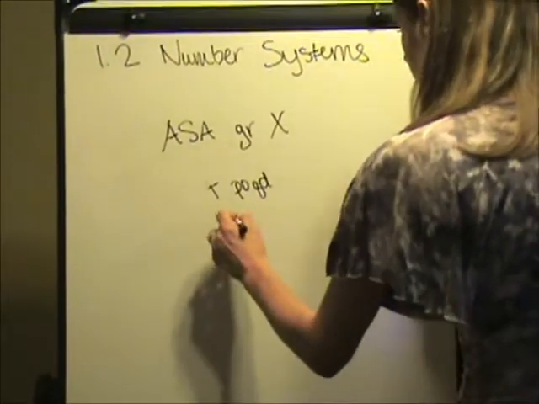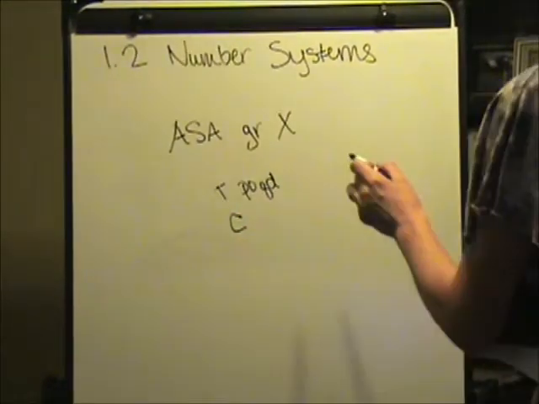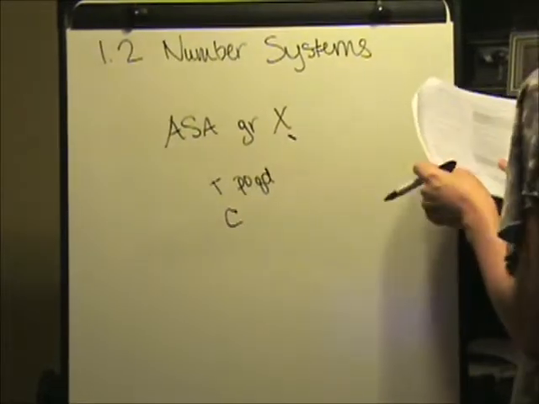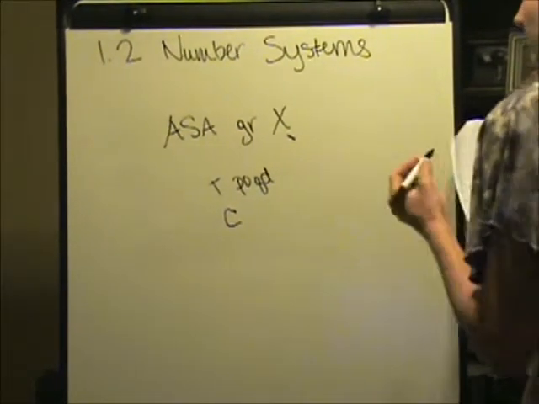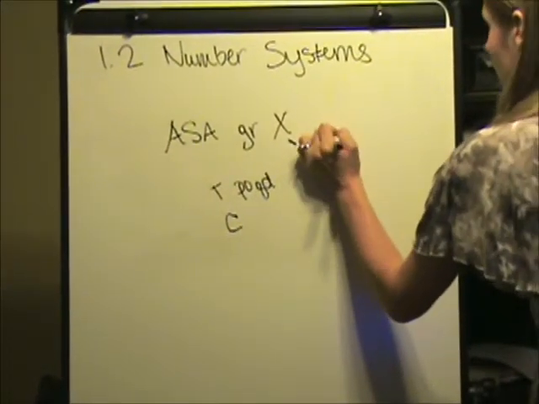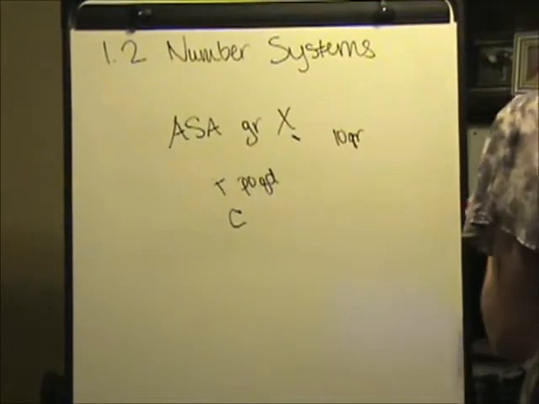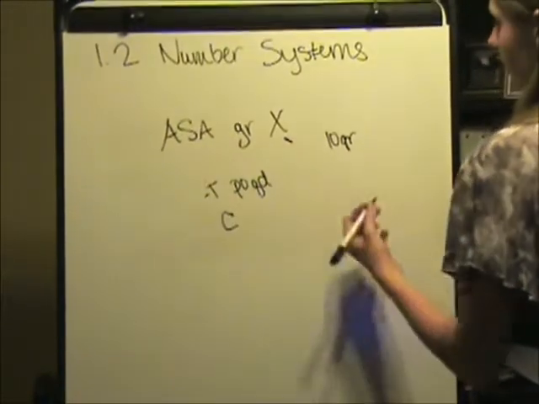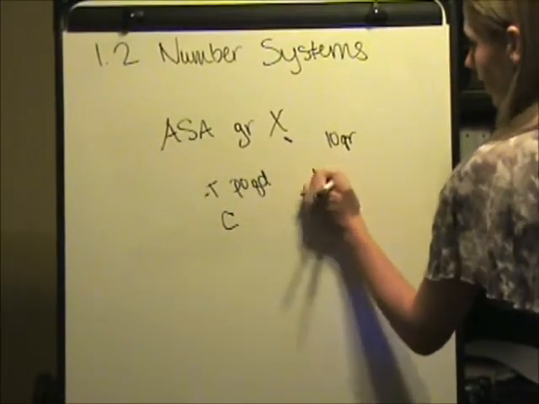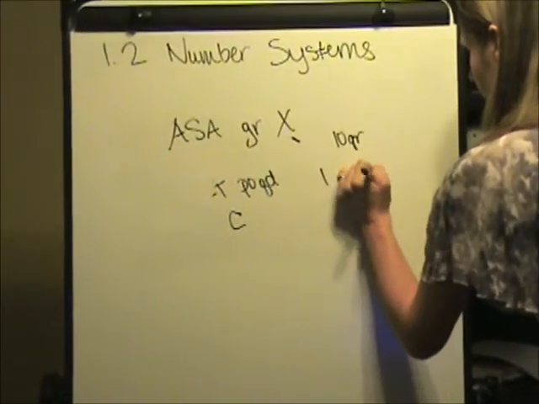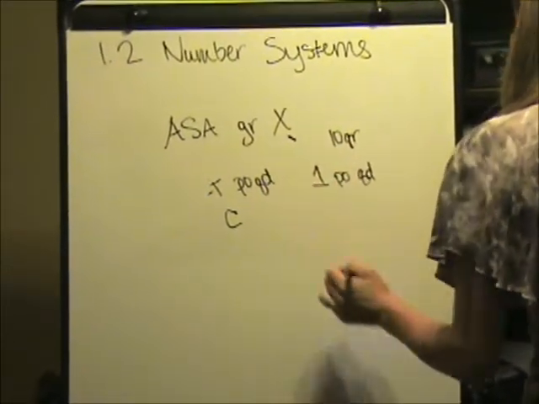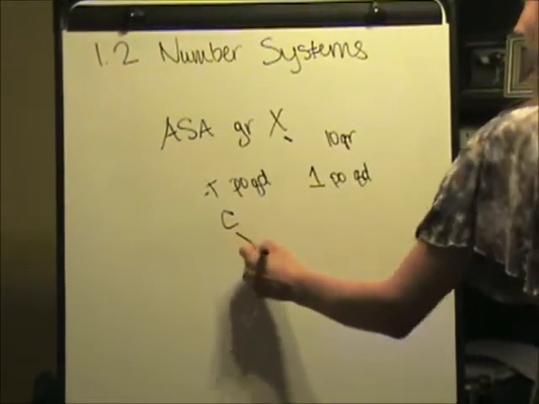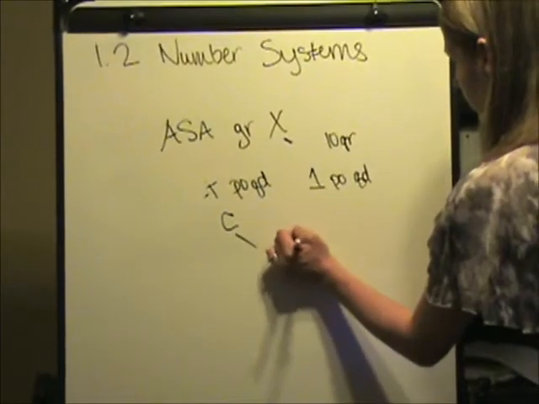And we're dispensing C. Okay, so looking at a Roman numeral, question A, what is the strength of the tablet? We know that the Roman numeral X stands for 10, so it's 10 grain. For B, what is the daily dose? We know that that means 1, so 1 by mouth every day. And the quantity dispensed, C, Roman numeral stands for 100.